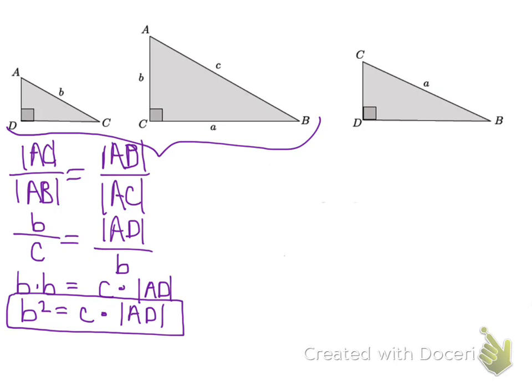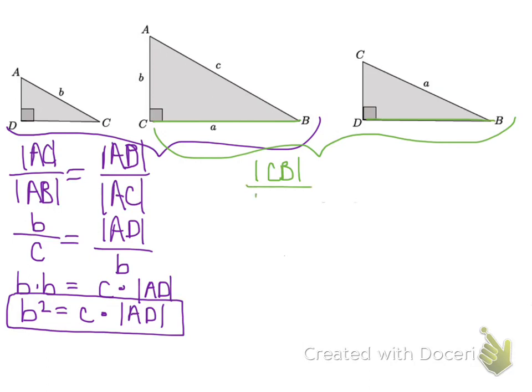All right, so now let's just go ahead and switch to green. We're going to look at these two triangles here and write some more ratios of corresponding sides. And so this time I'm going to write the ratio of the long legs. So I've got length CB, which notice is also A. CB there corresponds to DB.